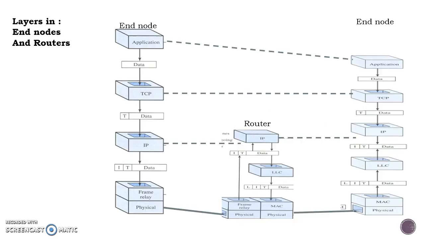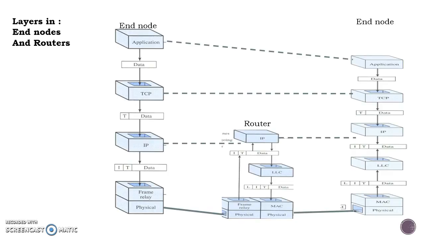This figure shows encapsulation at each layer. You will notice that not all nodes in a network perform operations at all the layers. For example, the end nodes perform all the layered operations, starting from the application all the way down to the physical layer. And at each layer, they encapsulate the data unit received from the previous layer.